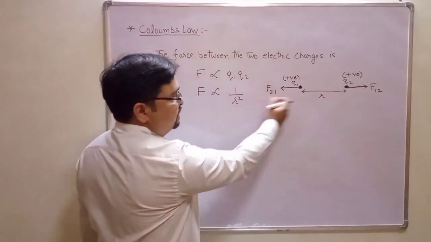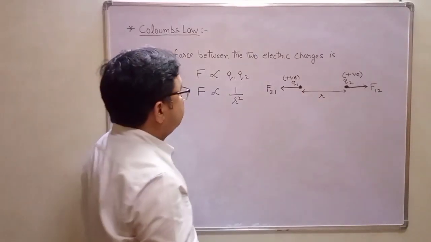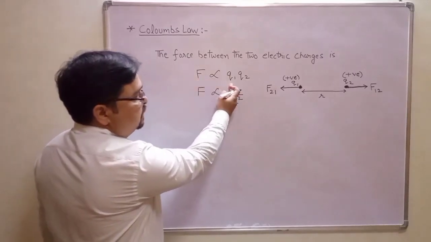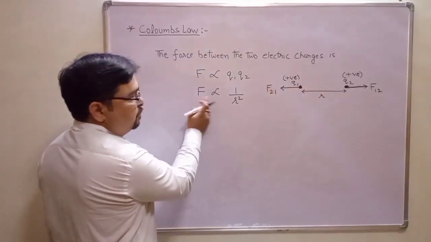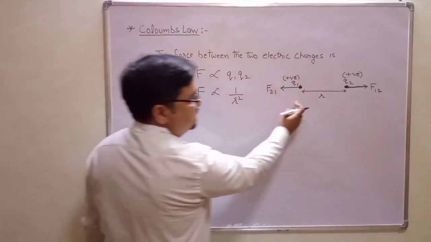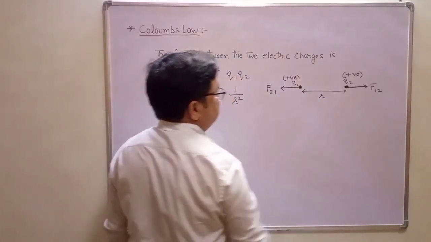The magnitude of these equal forces will be directly proportional to the product of both charges and inversely proportional to the square of distance between the two charges.